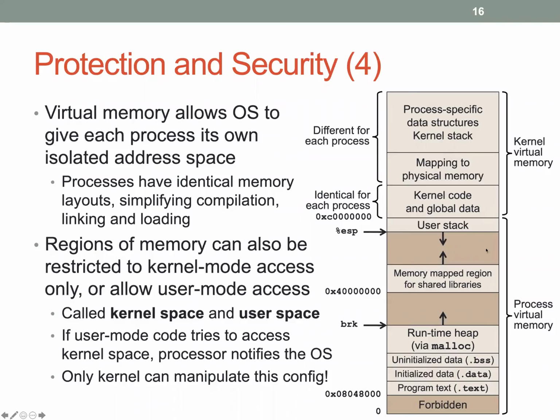And the stuff below the breakpoint is accessible by the user process. We call those areas of memory kernel space and user space. It's pretty straightforward terminology. If user mode code tries to access kernel space, then you get a protection fault, which shows up as a fault that you can handle in your operating system.